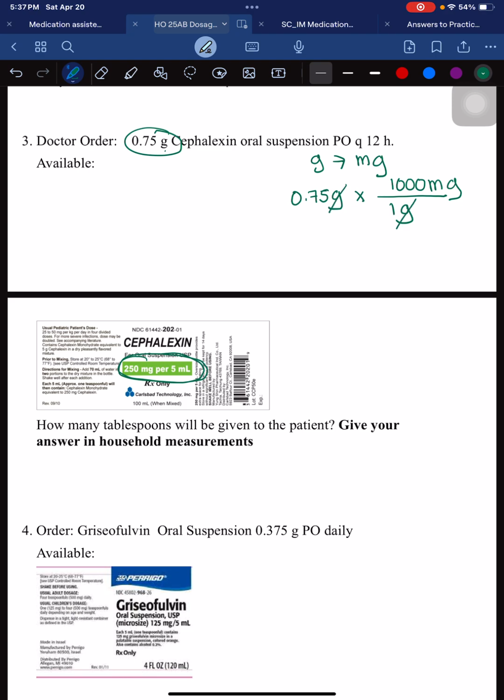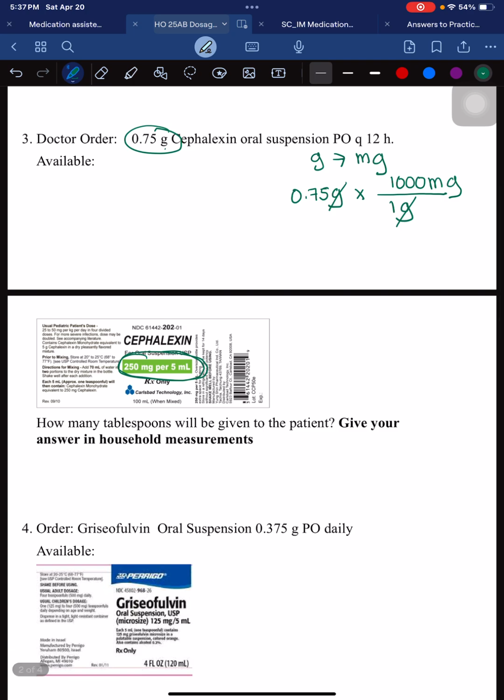Now that I have mg on top, I'm going to multiply 0.75 times 1,000. That would give me 750 mg. Now I have the correct form, the same unit, so it's mg and the box is mg. Okay, that's the first step.